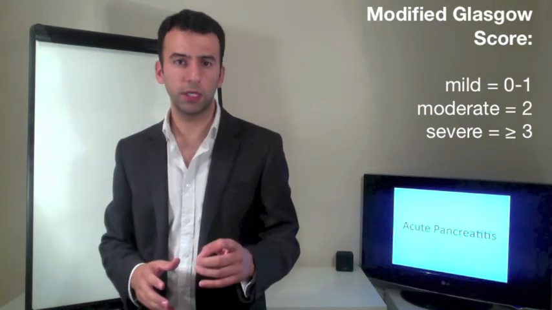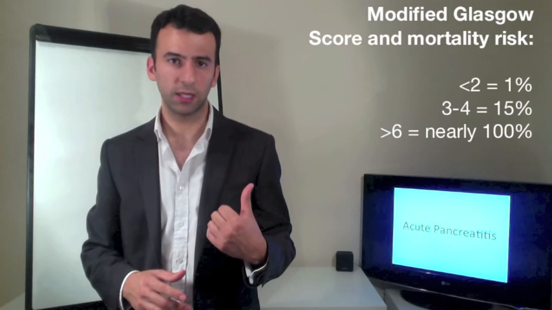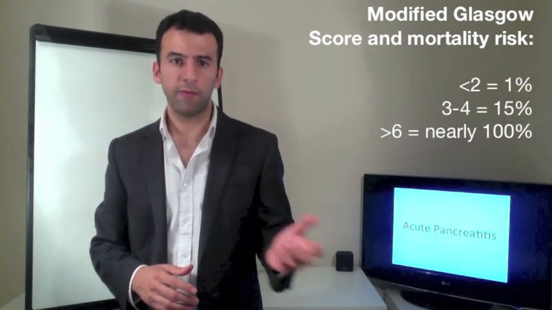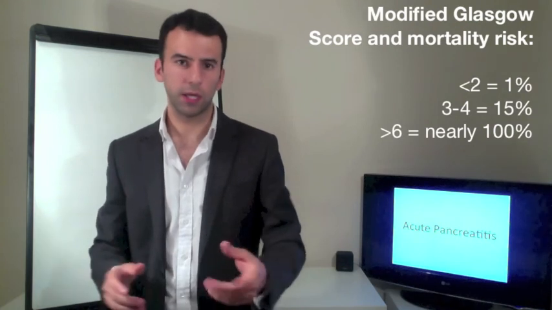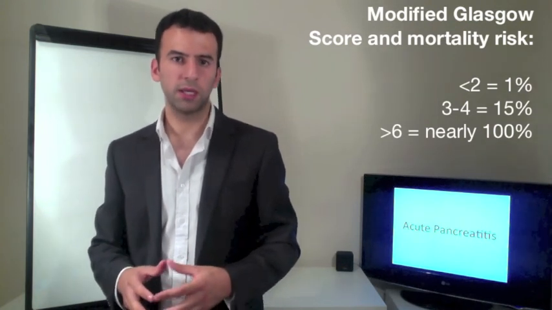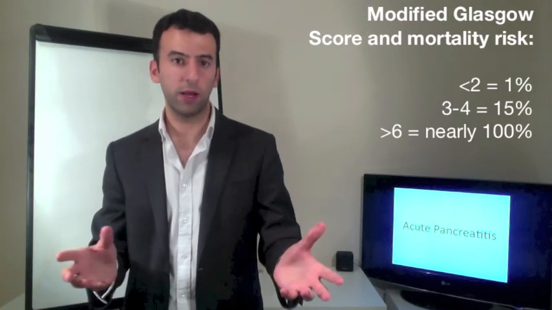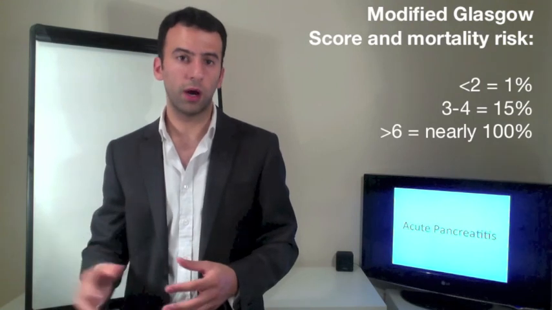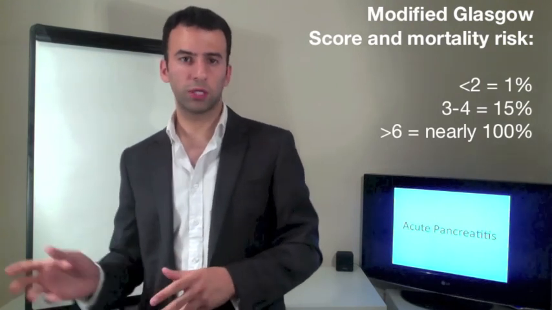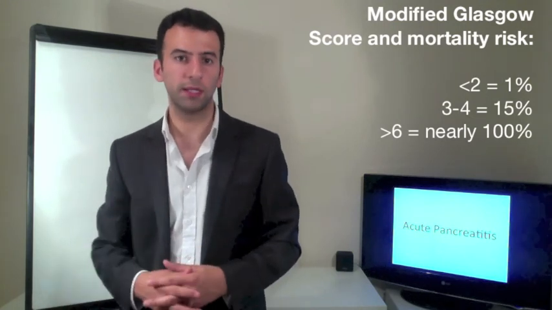So why do we need the modified Glasgow score? Well, if you had a look at those mortality statistics, that should hopefully give you a clue. If my junior doctor presents a patient to me, this patient's got pancreatitis, and I say, what's their score? And they say 4, then immediately, whether the patient looks fairly well from the end of the bed despite their score, or very unwell, I'm going to call the ITU intensive care registrar to come down and have a look at the patient and think about moving this patient up to a high dependency unit.